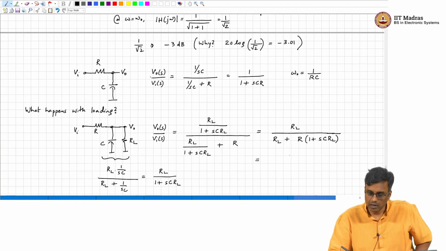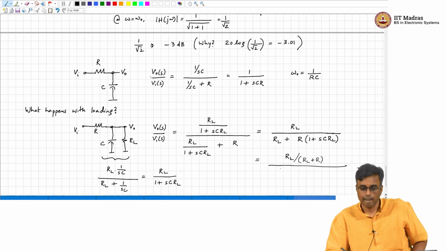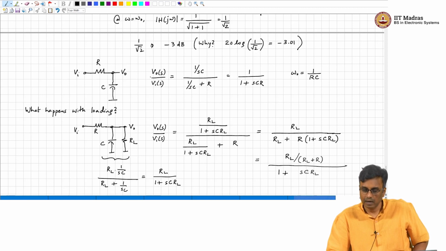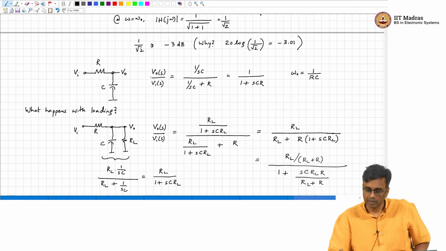Therefore, this is nothing but RL by RL plus R divided by 1 plus sC times R parallel RL.